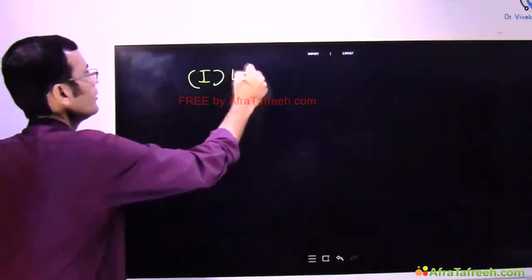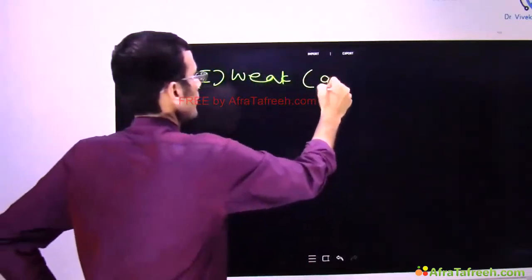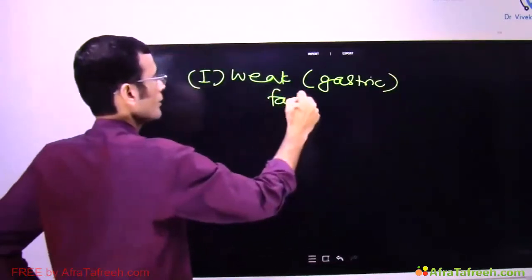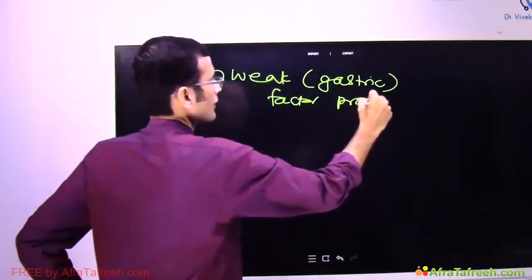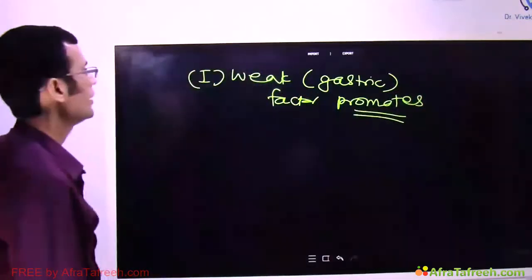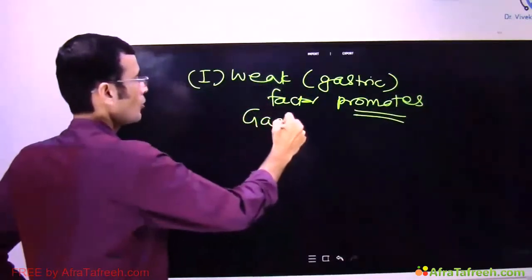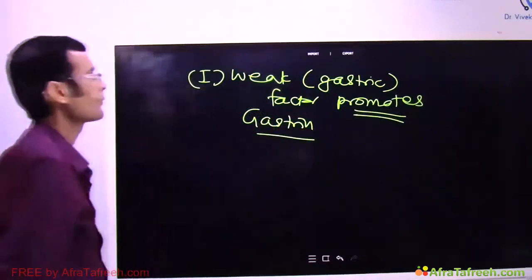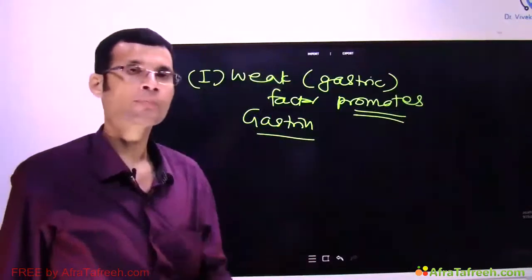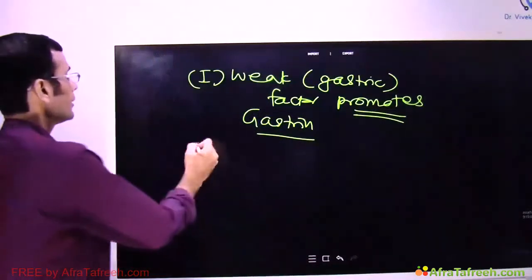There is only one weak factor, and that too is a gastric factor. This weak gastric factor promotes and hastens gastric emptying, and that is the hormone gastrin. This is the only factor that will hasten gastric emptying; it will reduce the gastric emptying time.